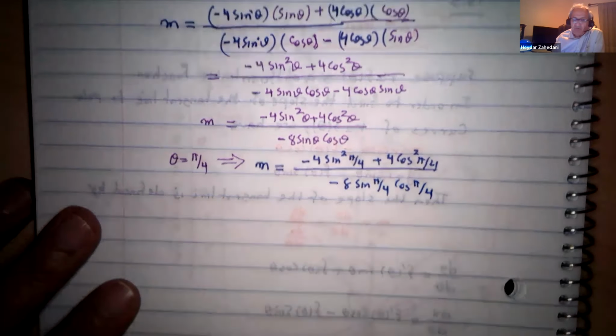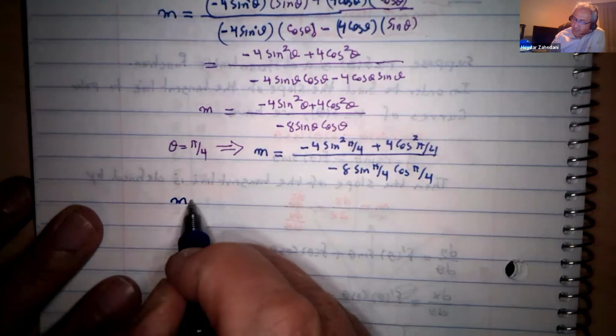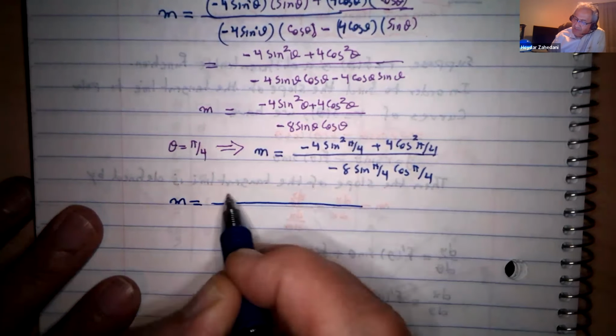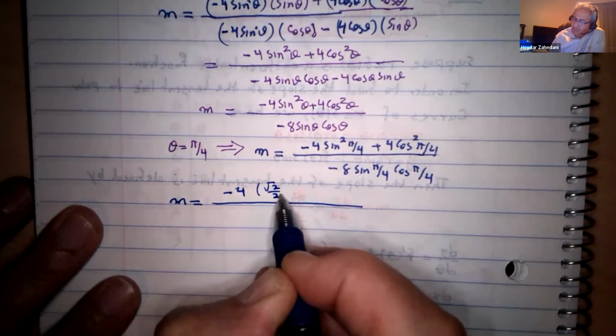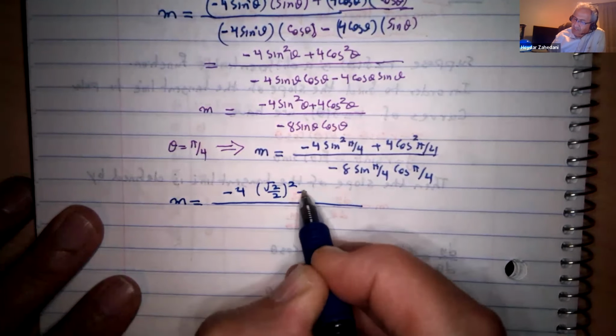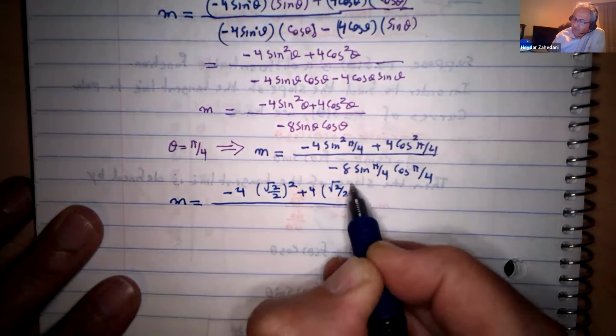Sine of pi over 4 and cosine of pi over 4 are both radical 2 over 2. So m is equal to negative 4 times radical 2 over 2, all squared, and then positive 4 times radical 2 over 2, all squared.